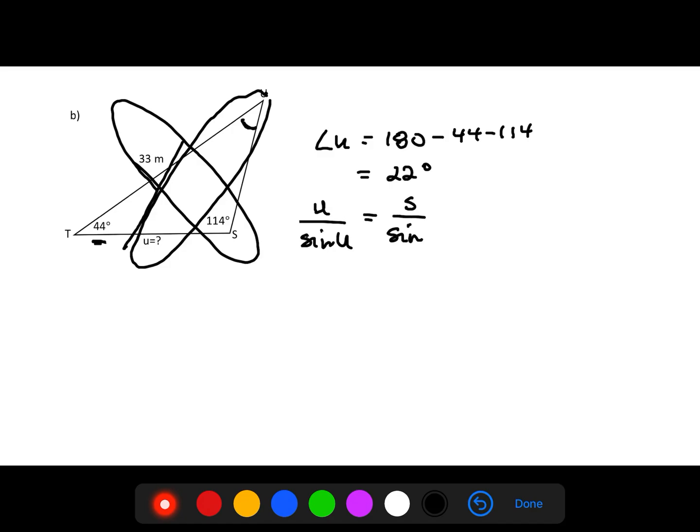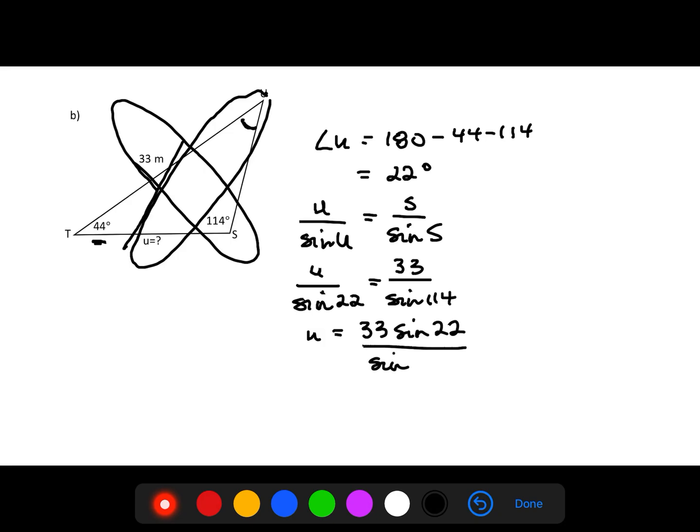So since we're going to find side U, we're going to set this up. U over sine U equals S over sine S. And subbing in what we know, angle U is 22 degrees, side S is 33, and angle S is 114.